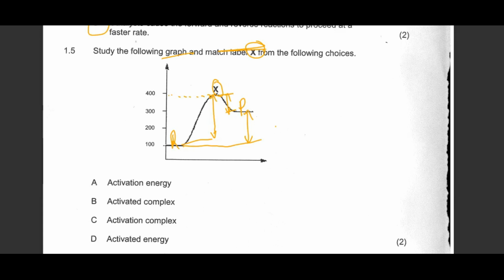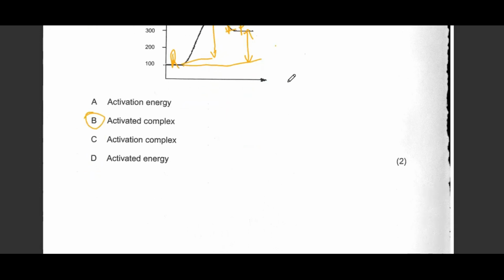This is a species, a complex, which is in transition. So it's not yet products, and it's not yet reactants. Therefore, we call it an activated complex, not activation, because activation is a condition. The complex which is activated, ready to convert into a product. So if you look at this, B is going to be the most correct answer.